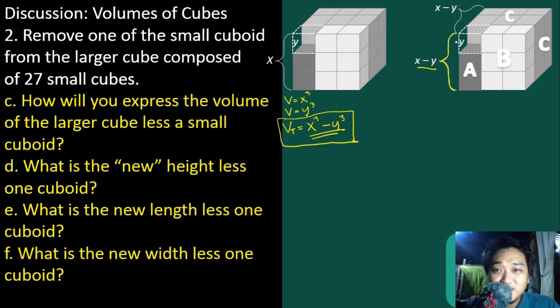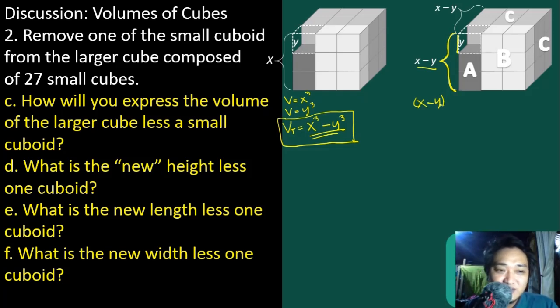Bakit? Kasi yung haba nito, yung kabuuan is x. Bawasan mo ng ganito kahaba, which is napag-usapan natin kanina, yung haba niyan is y. So that will be x minus y. The new height in this corner alone will be x minus y.